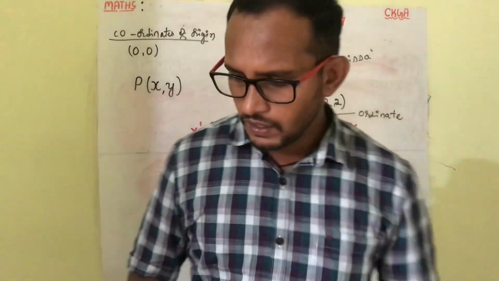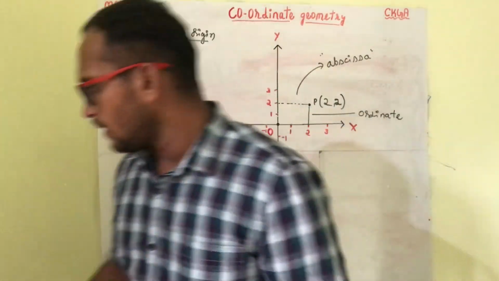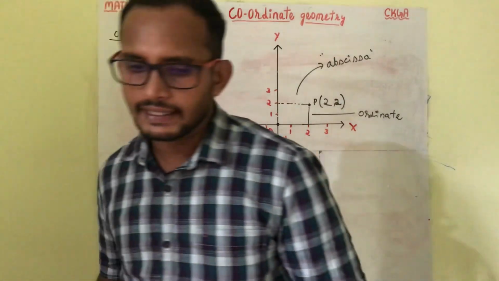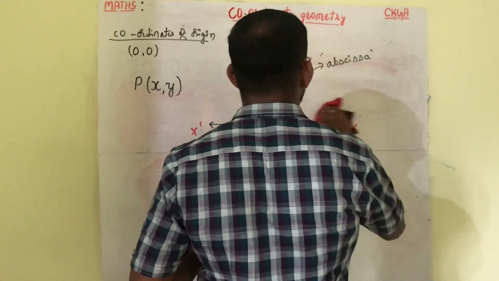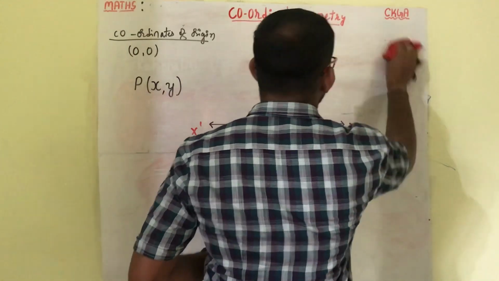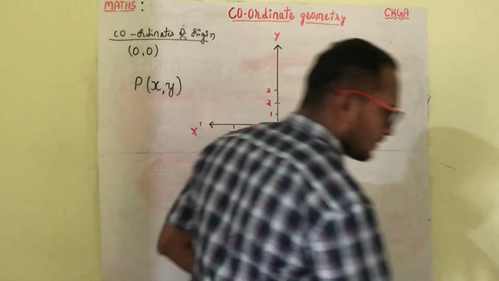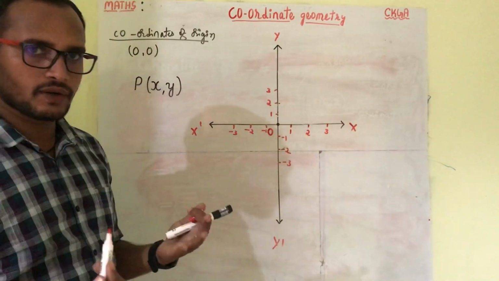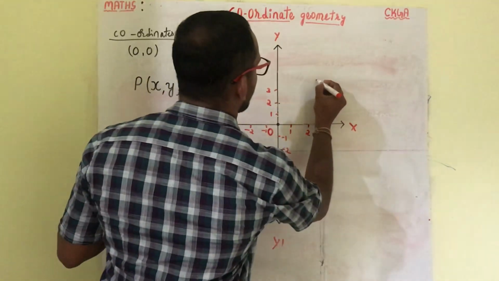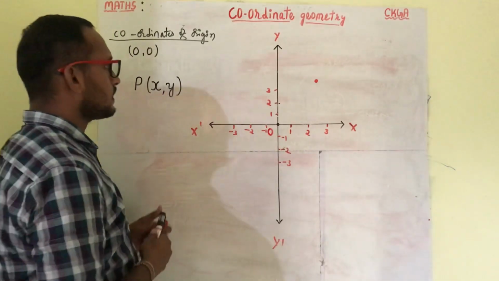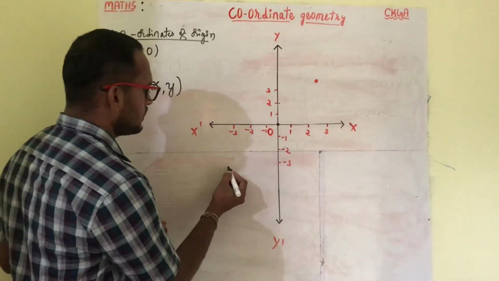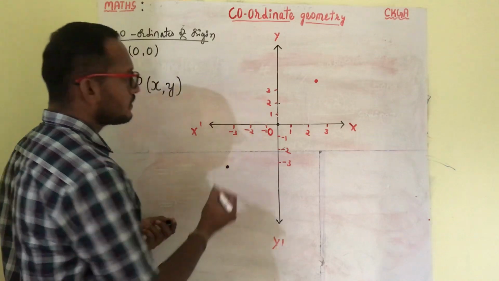Now have two different cases here. Suppose I mark two different points: one point on the first quadrant, and another point on the third quadrant.